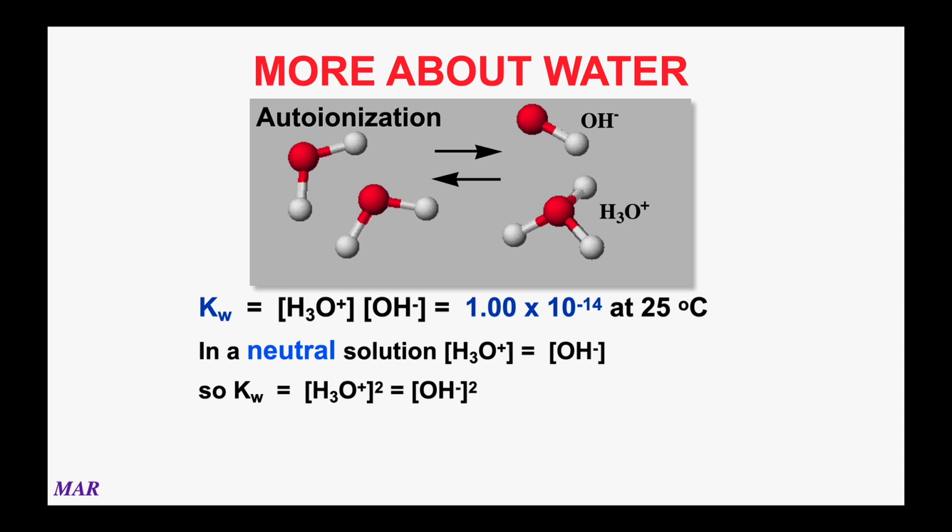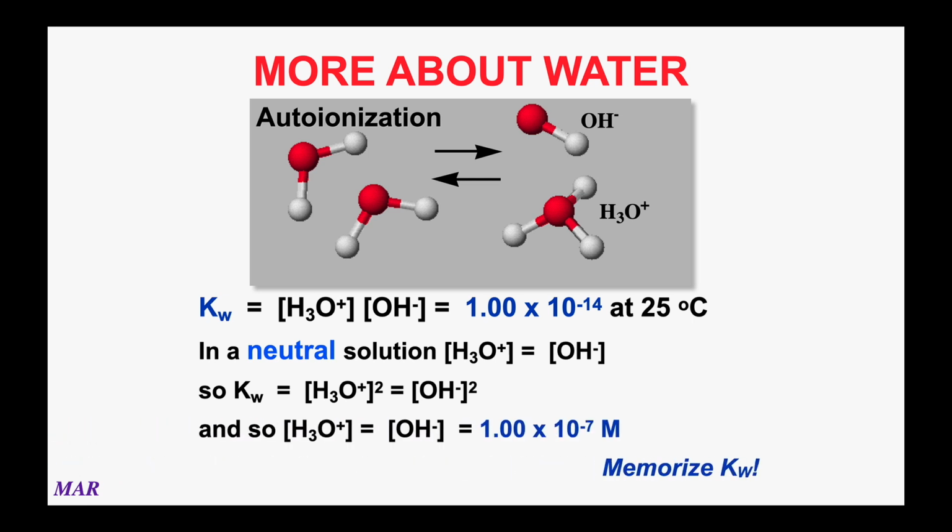So if that's the same, Kw, that 1.00 times 10 to the minus 14th, equals essentially x squared. So you can solve for x, the concentration of hydronium or hydroxide, 1.00 times 10 to the minus 7th moles per liter. Now, let's think about that number.